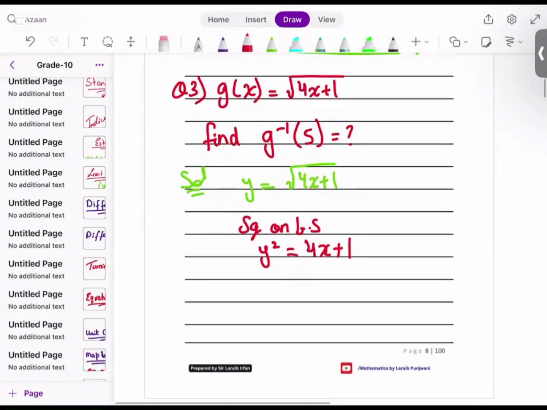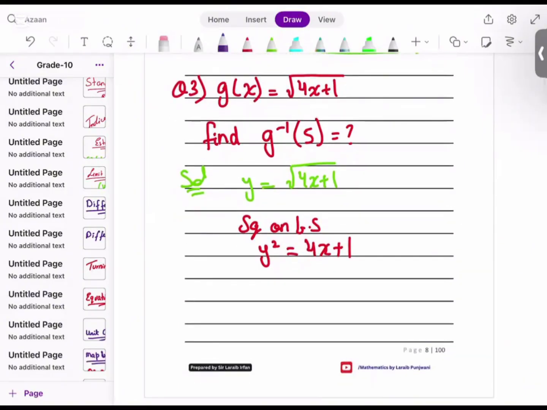To make x the subject, we have to apply square on both sides. That's an important step in this question.